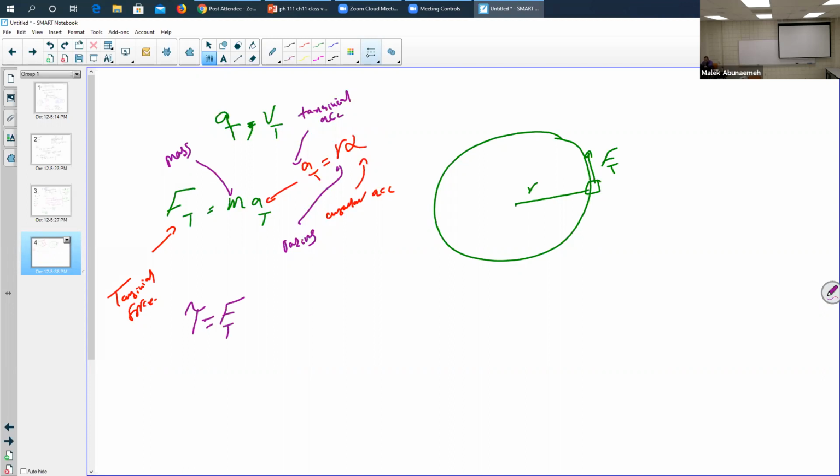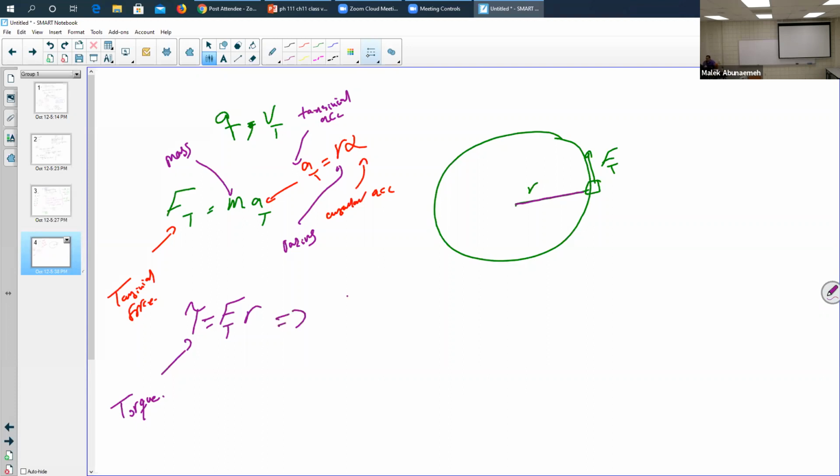In this case, it's your tangential force multiplied by the distance, which in this case is your R. So your torque is going to equal your tangential force multiplied by the radius.